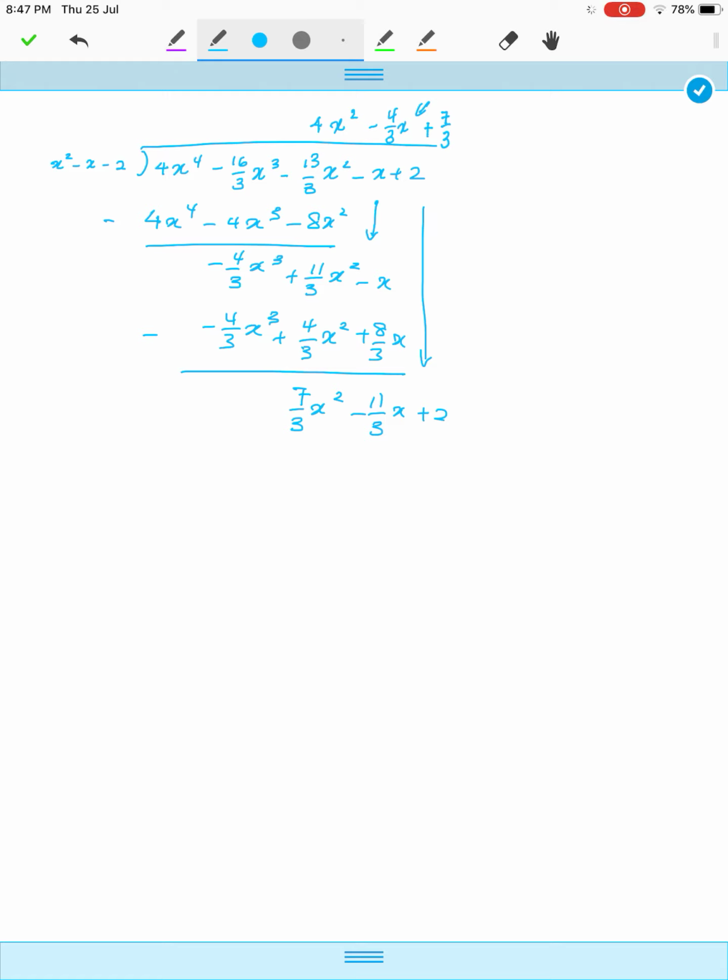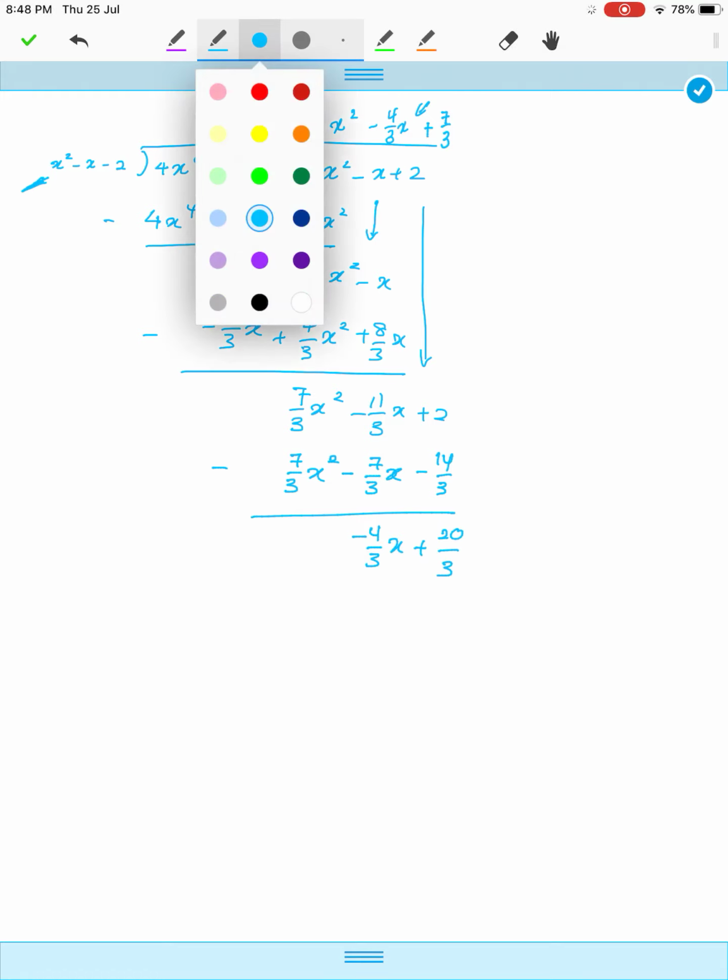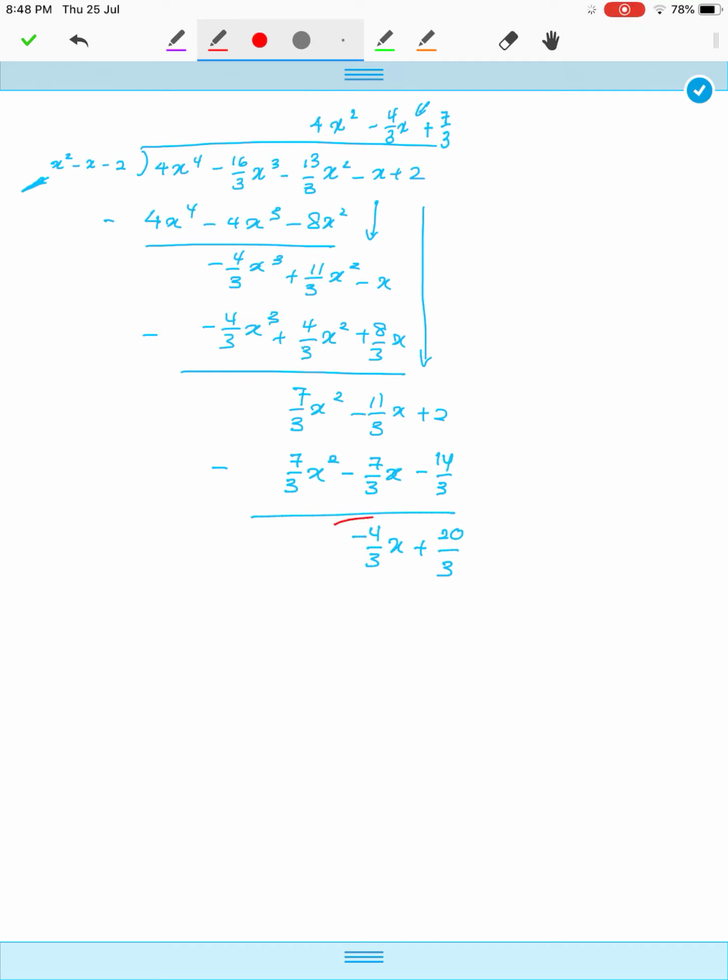Because 7 over 3 multiplied by x square here, you have 7 over 3 x square minus 7 over 3x minus 14 over 3. So you subtract, you will have negative 4 over 3x plus 20 over 3. So we already found your r.